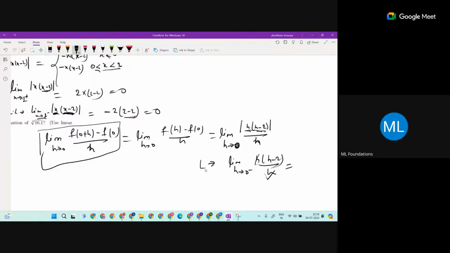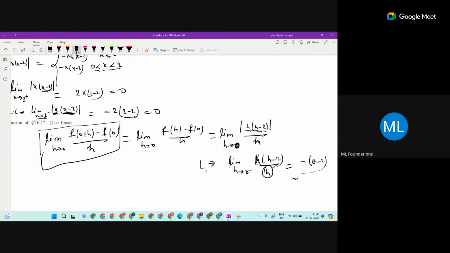So what will we get here? This one is negative, this one is positive, but here h is negative. So what is going to be the value now? Minus 2, so this is going to be negative of 0 minus 2. Sir, why negative?